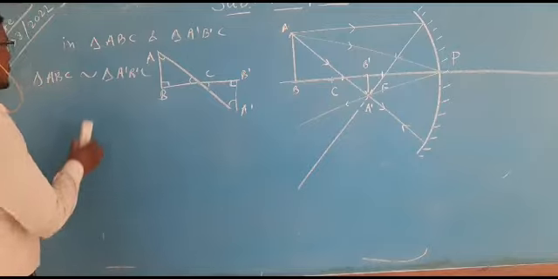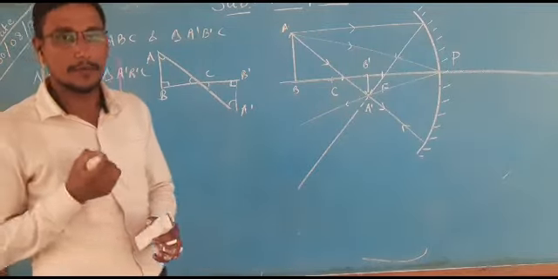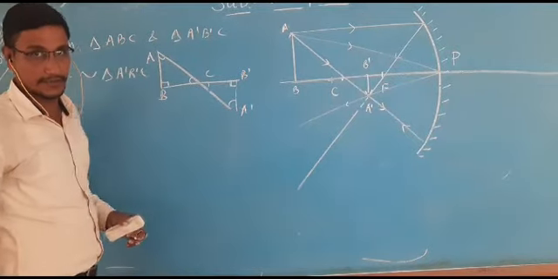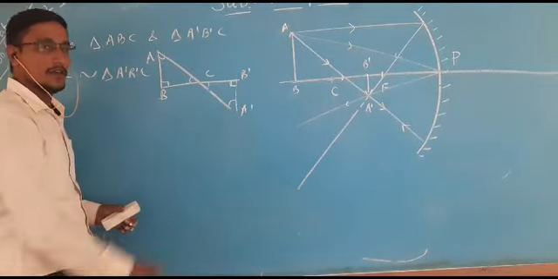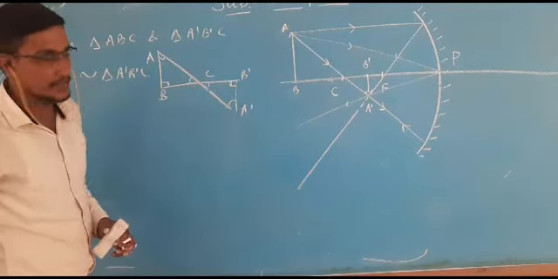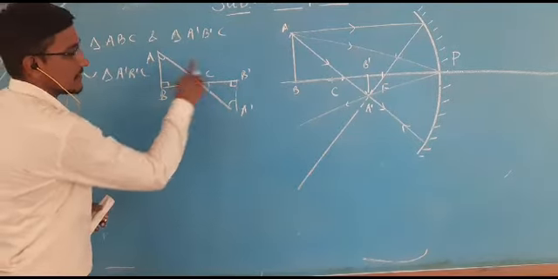Now, as we know, a property of similar triangles is that the ratio of corresponding sides is equal. The corresponding side of AB is A dash B dash, and the corresponding side of BC is B dash C dash.